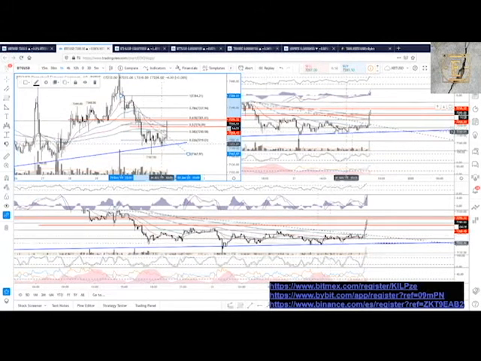I'm going to enter sooner for USD to my entry.